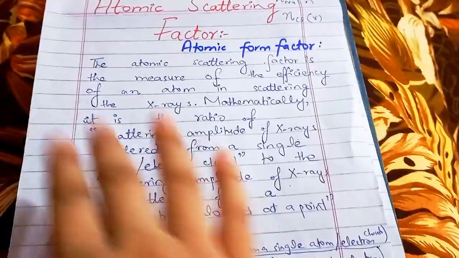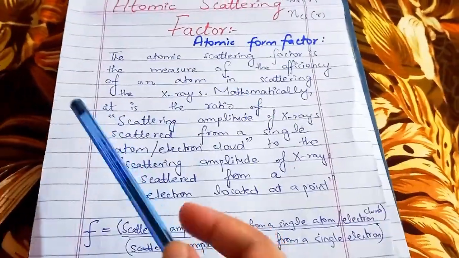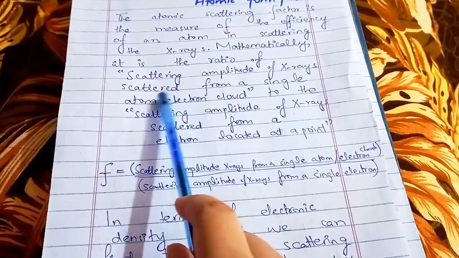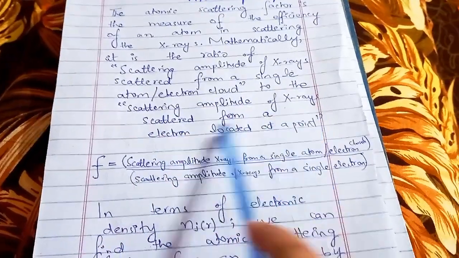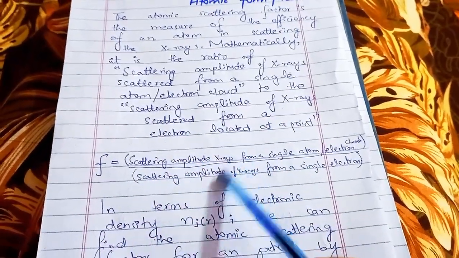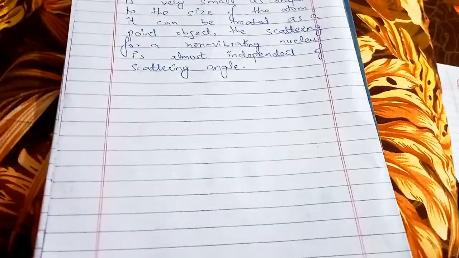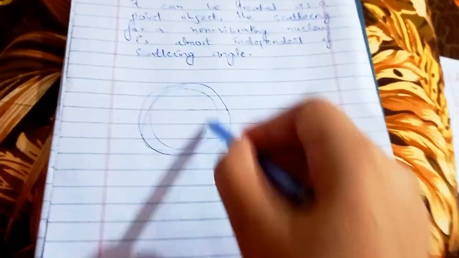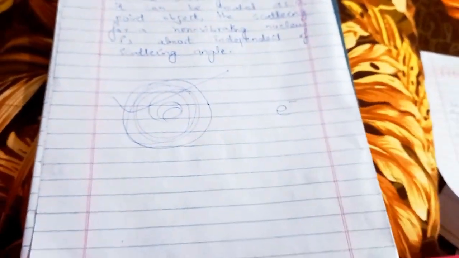The atomic scattering factor is the measure of the efficiency of an atom in scattering the X-rays. Mathematically, it is the ratio of scattering amplitude of X-rays scattered from a single atom or electronic cloud to the scattering amplitude of the X-rays scattered from an electron located at a point. It is the comparison that we make, of how well an electronic cloud, the whole cloud, can scatter as compared to a single electron.